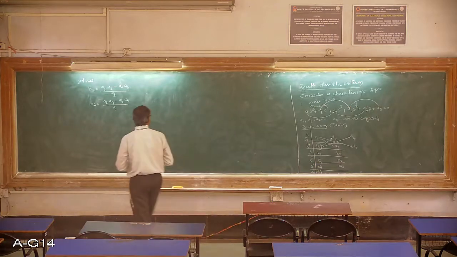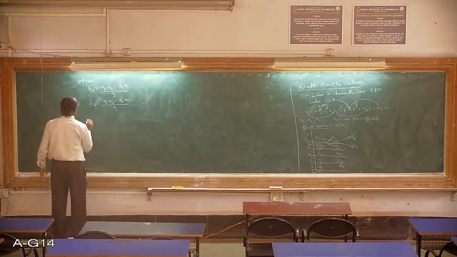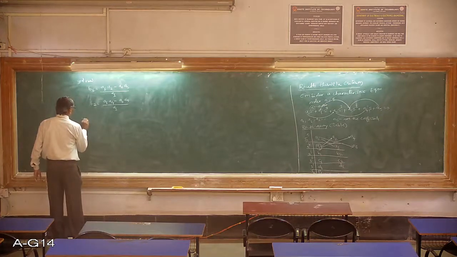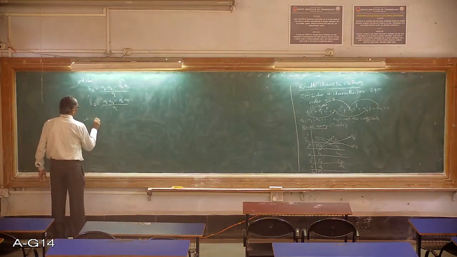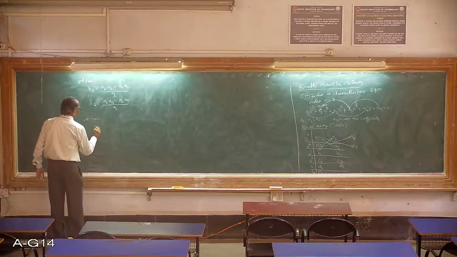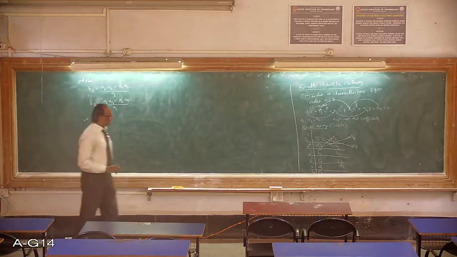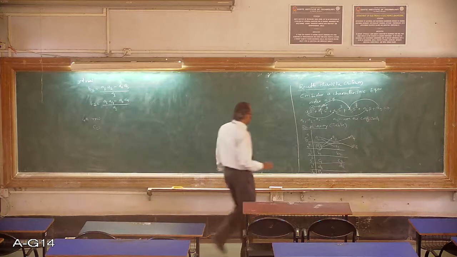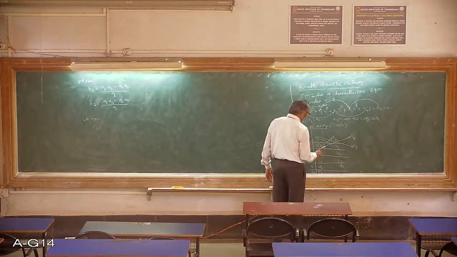Now to get C1, we move to the fourth row. We already know how to get the determinants.